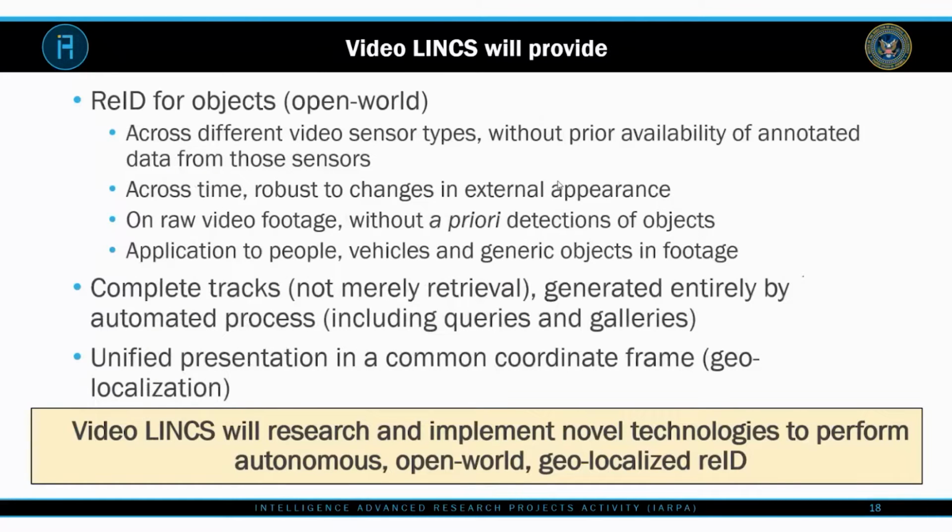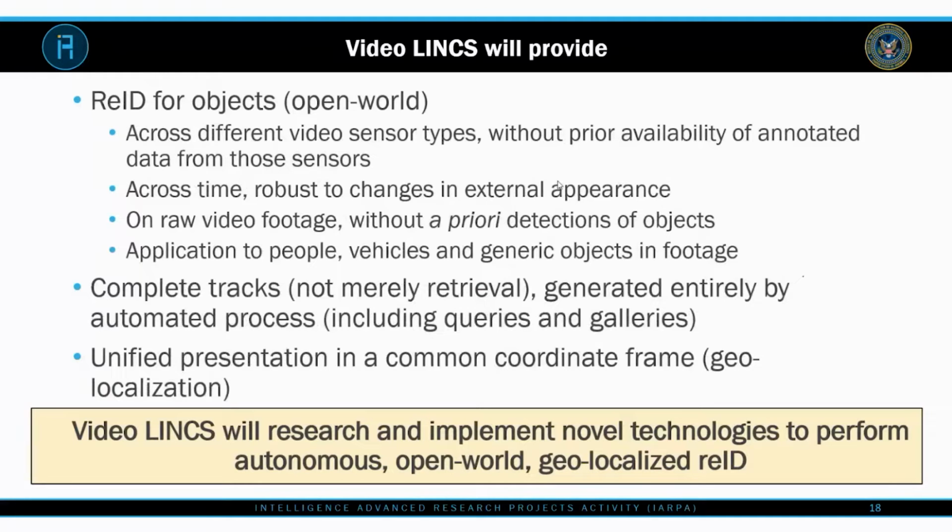Video links will provide re-identification for objects in the open world setting across different video sensor types without any availability of annotated data from those sensors, across time, robust to changes in external appearance, on raw video footage without a priori detections of objects, and it will be applied to people, vehicles, and generic objects in the footage.